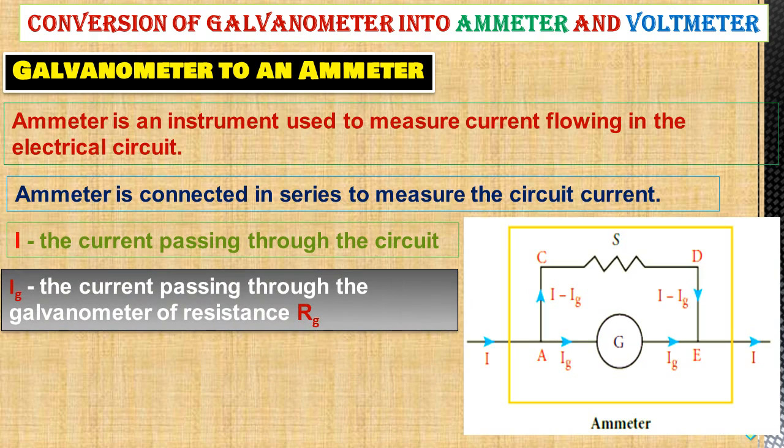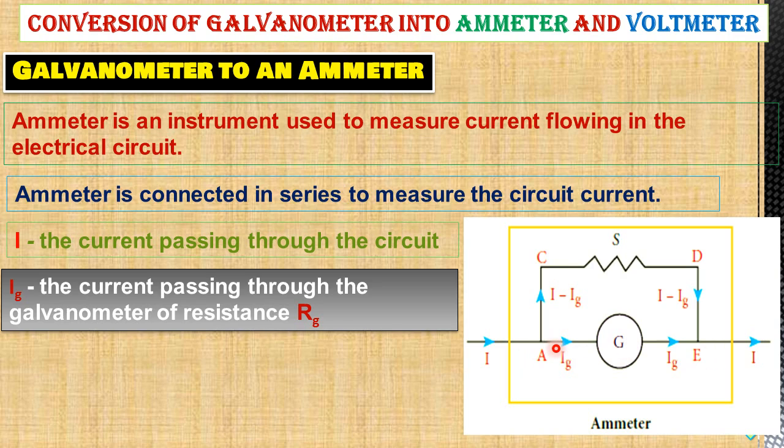Let Ig be the current passing through the galvanometer, whose resistance is Rg, through the path AGE.